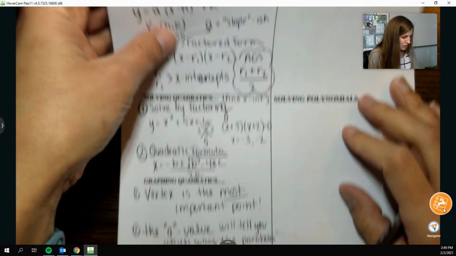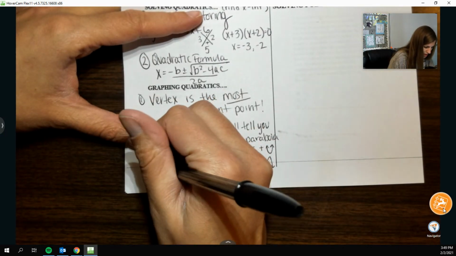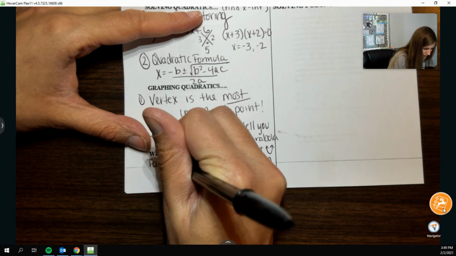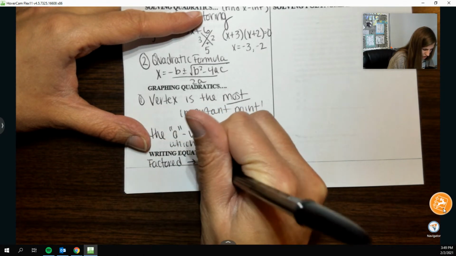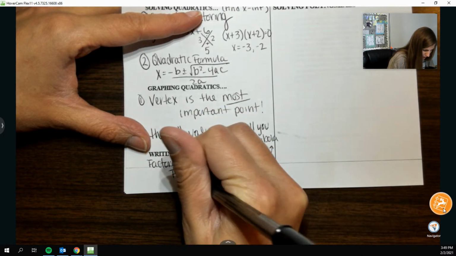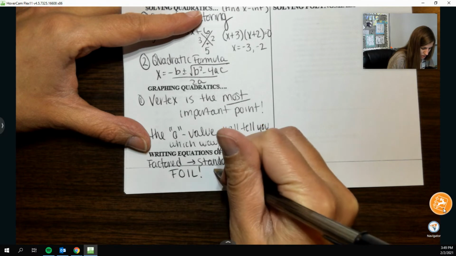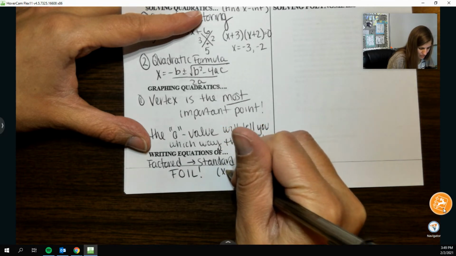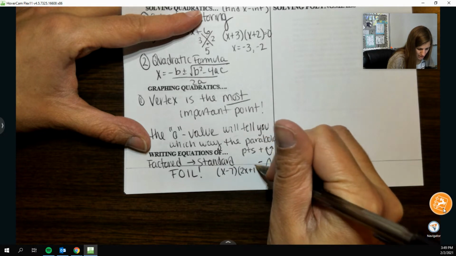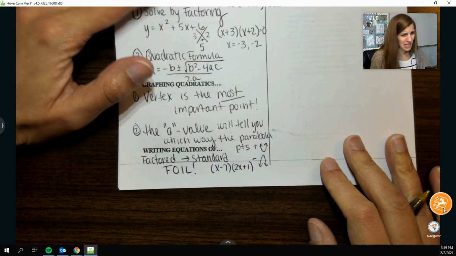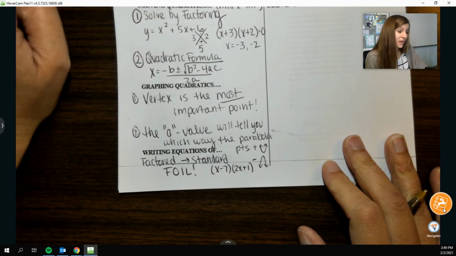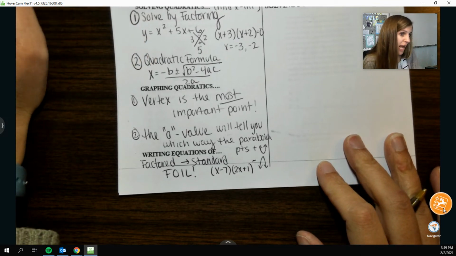So maybe we'll make that little note there. Writing equations. To change factored to standard, which I do notice a lot of, that's where you do that FOIL stuff. So for example, if I had x minus 7 and then 2x plus 1, everybody always teaches FOIL, but I never knew what it meant. It's first, outer, inner, last.